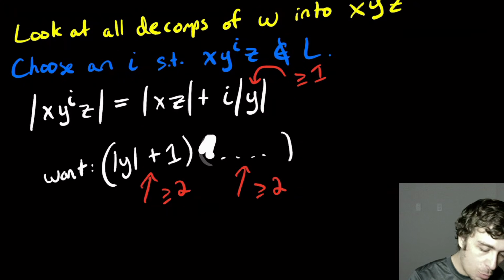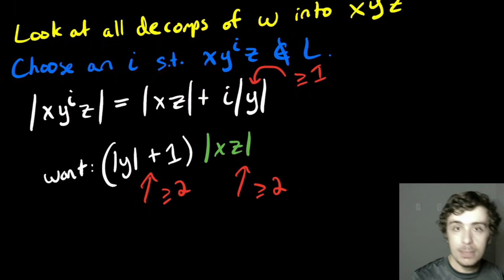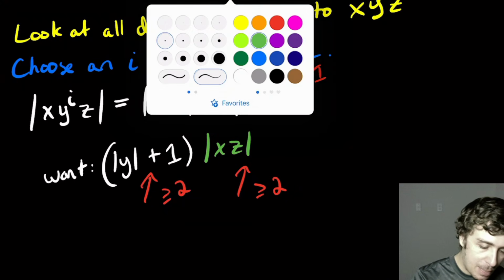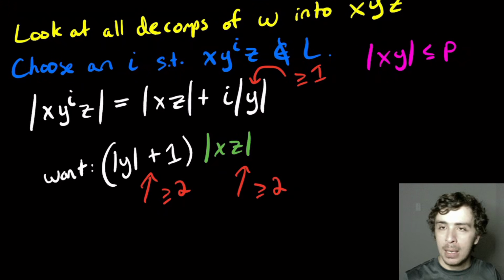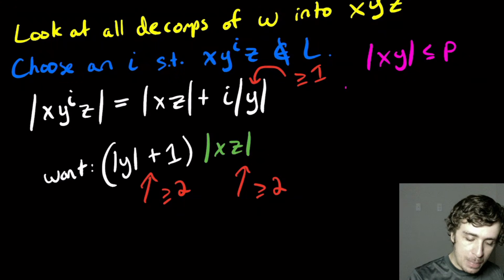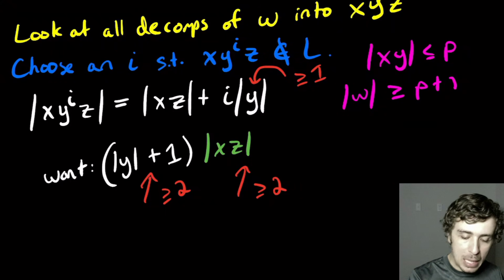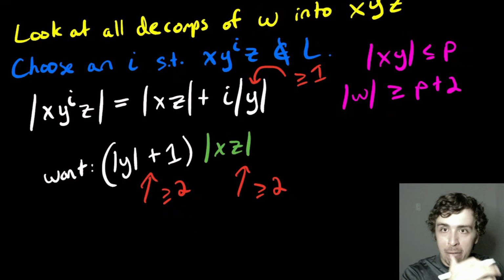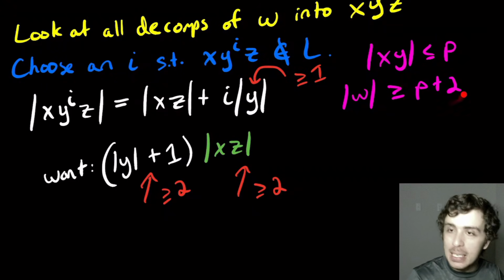We can sub into here the length of xz. Why can we do that? The pumping lemma condition says that the length of xy is at most p. So the length of w, which we constructed earlier, is at least p plus 2, because of that little plus 2 thing, and p might itself be a prime in the worst case, but even then it is at least 2 more.